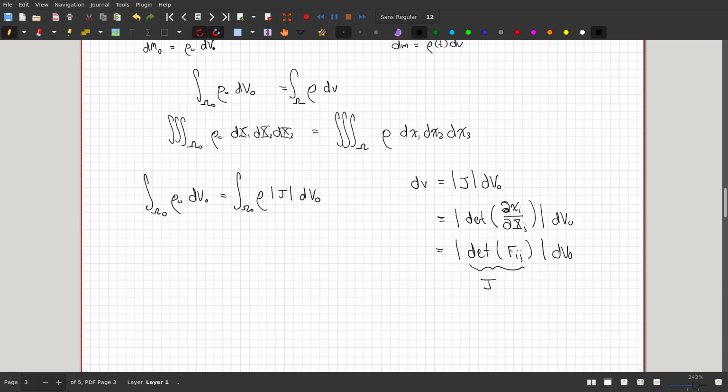Anytime you have an integral over the same bounds on both sides of the equation, what's in the integrand must be equal to each other. If it holds for the integral, it holds for what's inside the integral. So rho 0 is equal to rho times the absolute value of J.